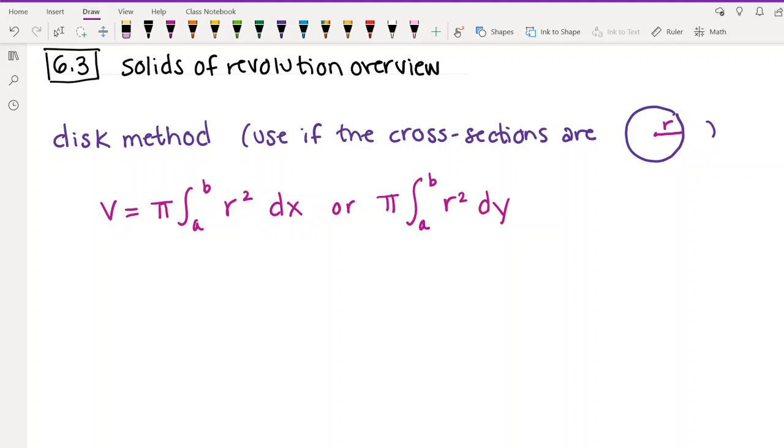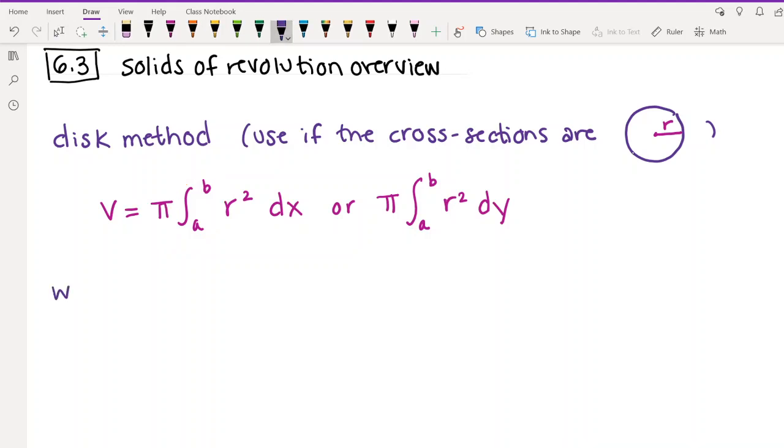And if you add up all of these slices, you get the overall volume. So the pi r squared part comes from the area of the circular cross section. The dx comes from that thickness. And the integral means that you're adding up a bunch of them between one starting point and another finishing point.